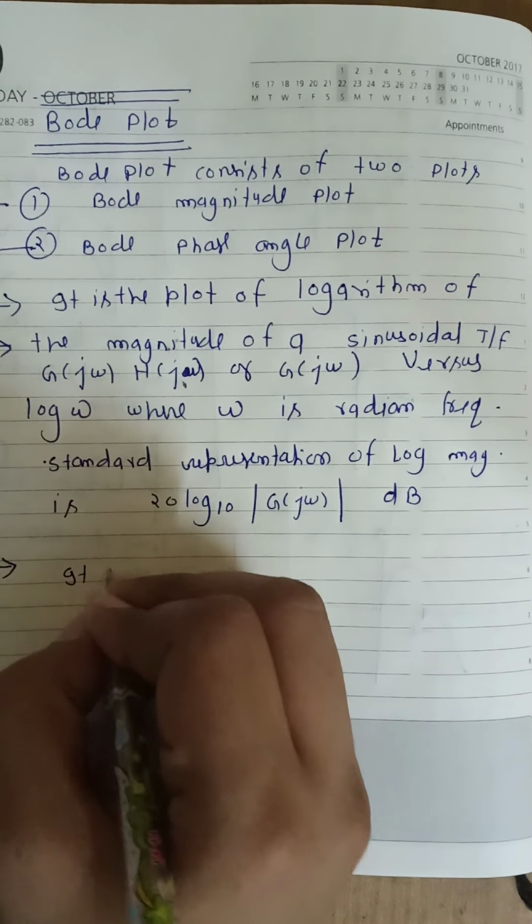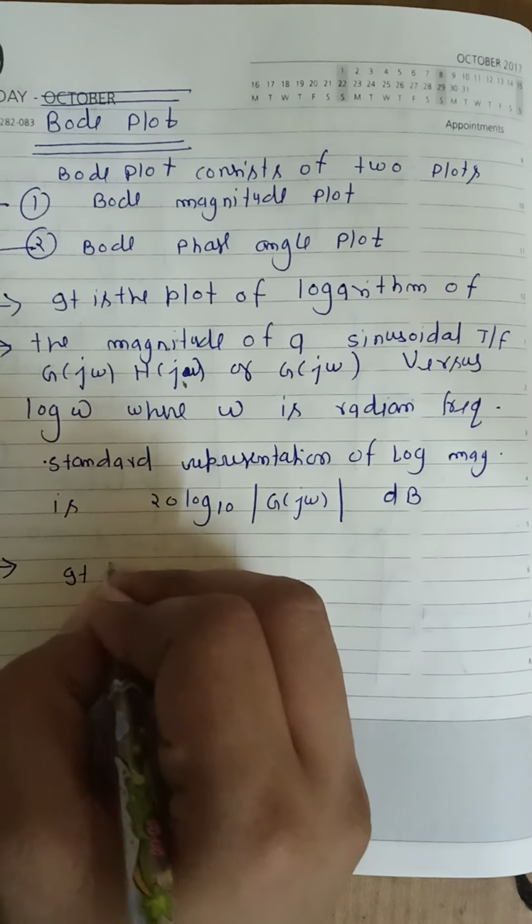It is the plot of the phase angle in degrees of the sinusoidal transfer function, or you can write G(jω)H(jω), or G(jω), versus log ω, where ω defines the angular frequency, or frequency in radian per second.